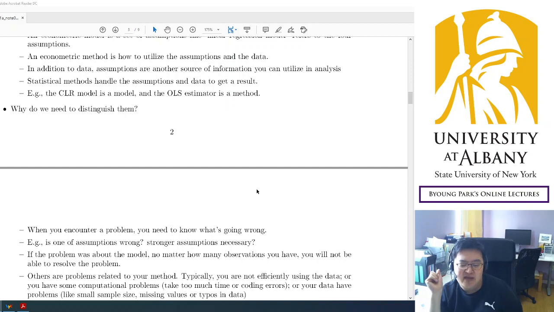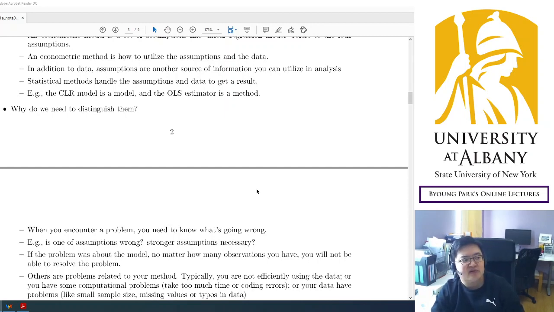When you get a PhD, your job is to think about new methods, or criticize other methods, or learn others' methods and utilize them. Say you are doing some data work for your employer, and suppose that you encounter a problem. Then you have to solve the problem. That is your job. You are an expert in data handling, data analysis.